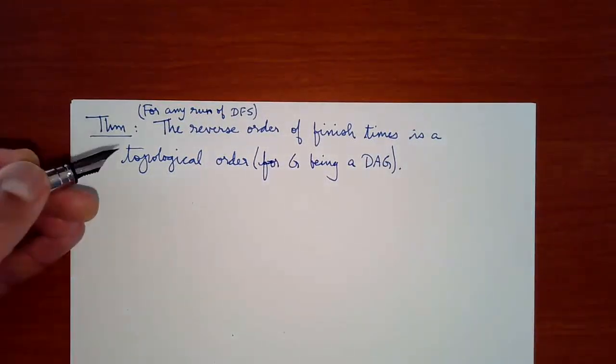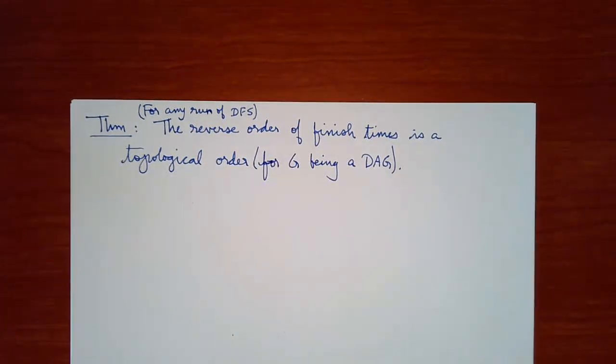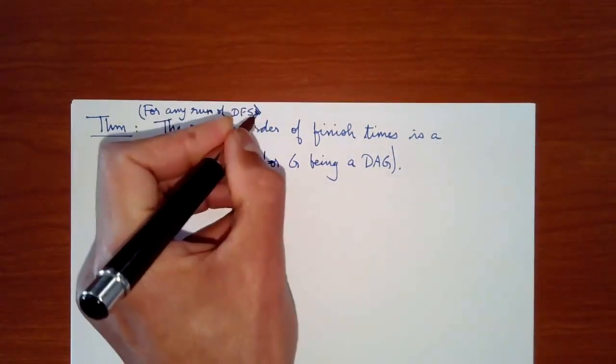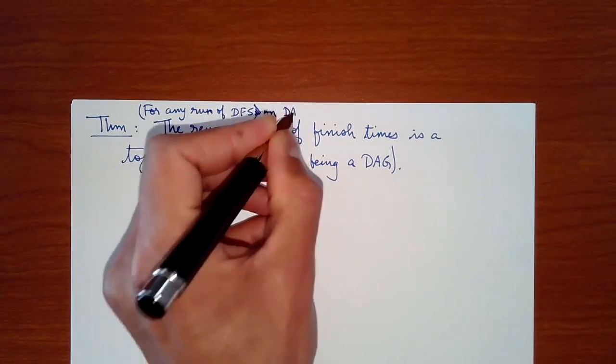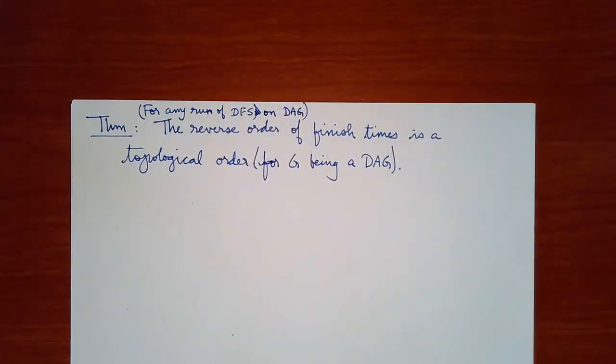So if you run DFS on a DAG, then the reverse order of finish times is a topological order. Does that answer your question? Yeah. For any run of DFS on a DAG, sorry, yes. Questions?